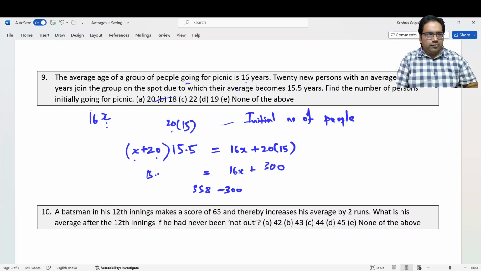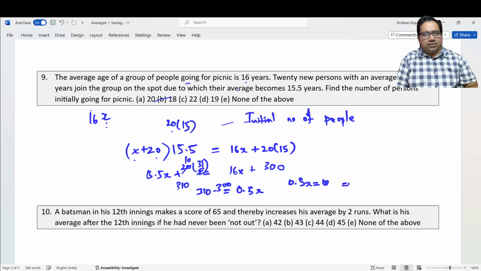So 15.5x plus 20 into 15.5, which is 20 into 31 by 2, so this is 310, equal to 16x. Okay. So which means 0.5x is equal to 310 minus 300. This means 0.5x equals 10. This means x equals 20.